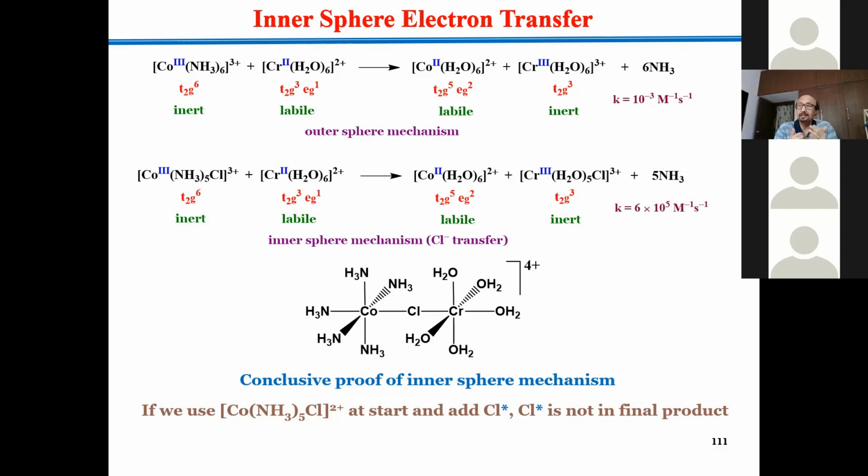That is a very subtle and delicate issue. You have to justify why it is not outer sphere. One impression is that your rate is much faster. That gives you an immediate impression, not necessarily a correct impression, an immediate impression. And then if you look at the oxidant and reductant features, in the oxidant you see that one chloride is there, and it is likely to function as a bridge.